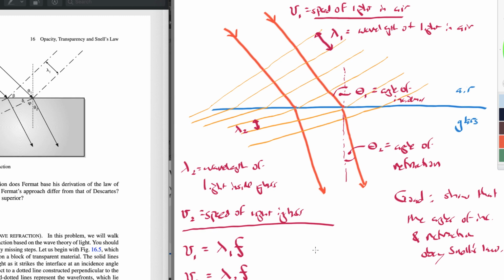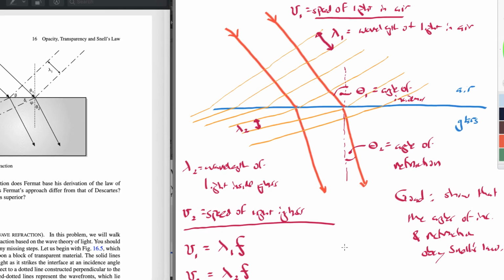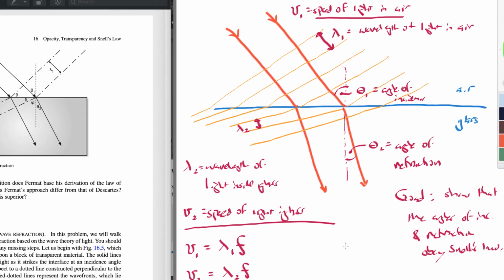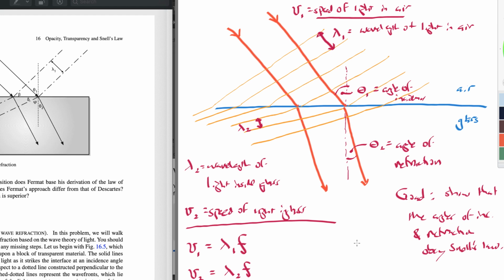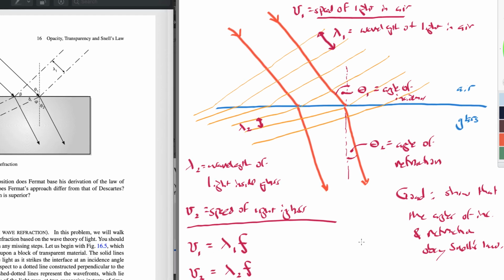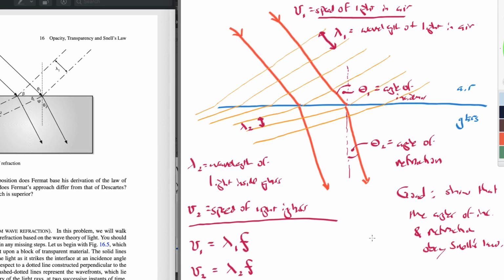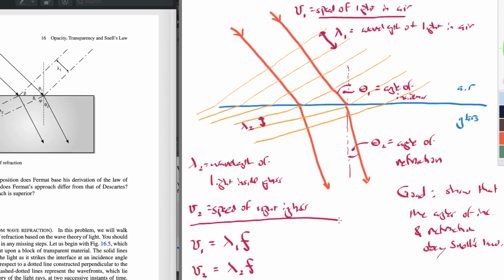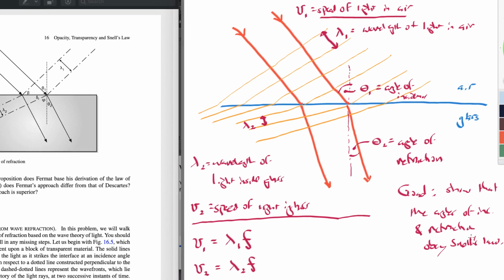Notice here in this formula that I'm putting subscripts for the velocity, indicating there's a different velocity in air and glass, and subscripts for the wavelength because there's a different wavelength in air and glass. But notice that I've left the subscript off of the frequency. That's because the frequency of the vibration does not change in air and in glass. This might not be obvious to you why this is, but I'll give you maybe one way of thinking about this.